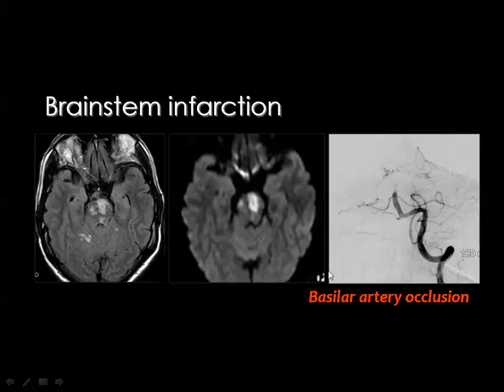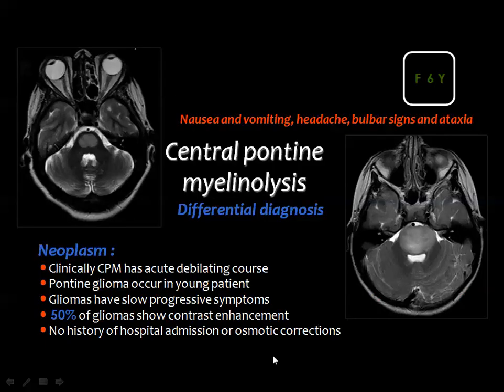Like in this case of brainstem infarction, which involves both sides of the brainstem, and the angiographic image showed the occlusion of the basilar artery near its distal part.